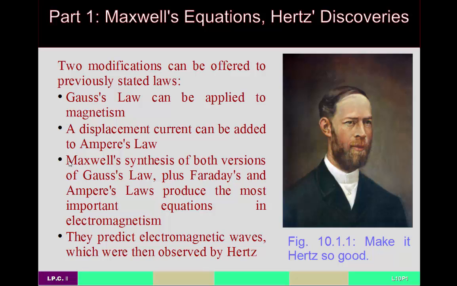Among other things, we will look at some of the previous laws that we've had in the course of these lectures: Gauss's law, for example, and Ampere's law, and in particular Faraday's law as well. Maxwell's equations basically take Gauss's law as applied to both electric fields and magnetic fields, and then take Faraday's law and Ampere's law, which Maxwell actually modified a bit.